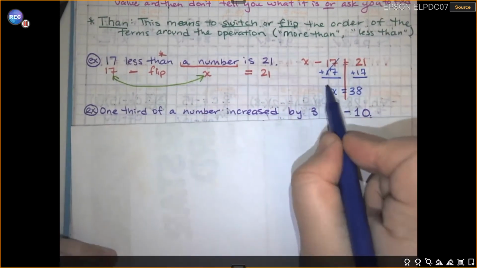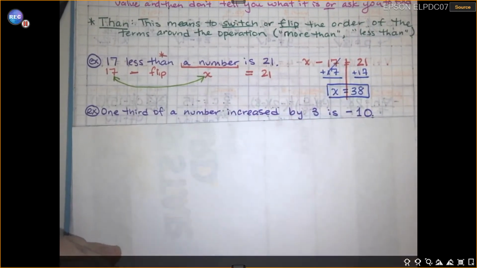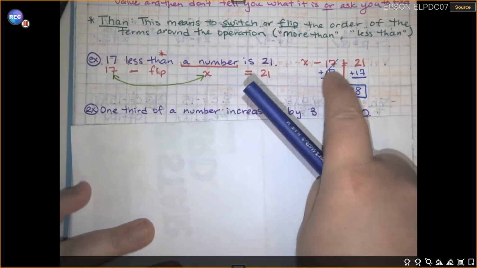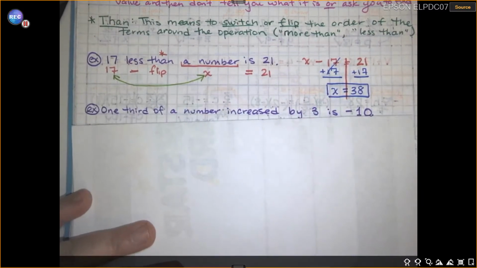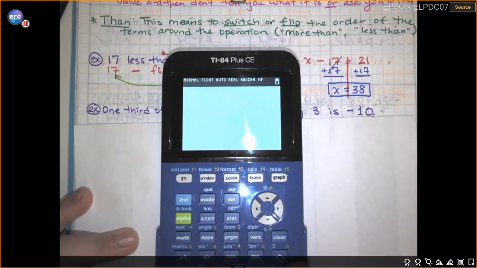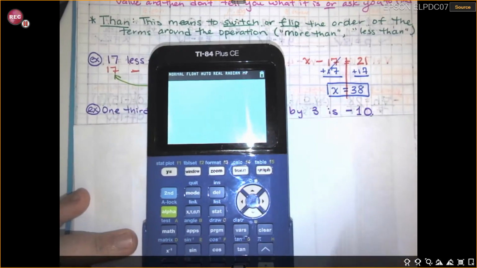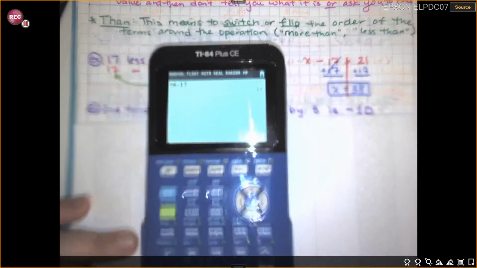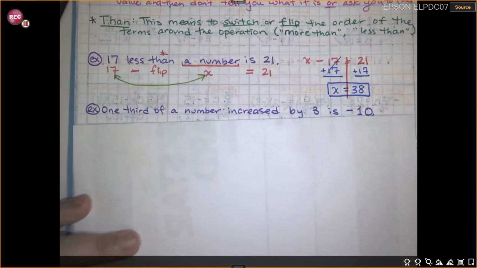Now, let's put a box around it. Remember, that's not the only thing I care about. This part up here is just as important to me, and as always, I'm just going to check to make sure my answer is correct. If I put in 38 for x minus 17, I get 21. So we're good to go.